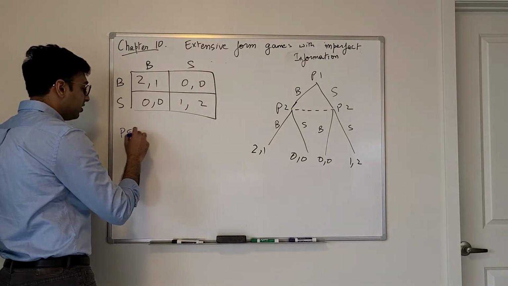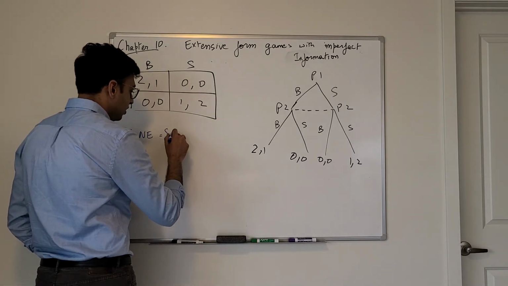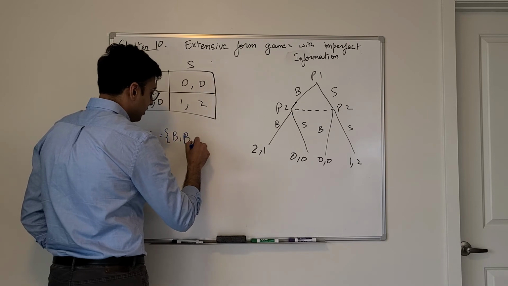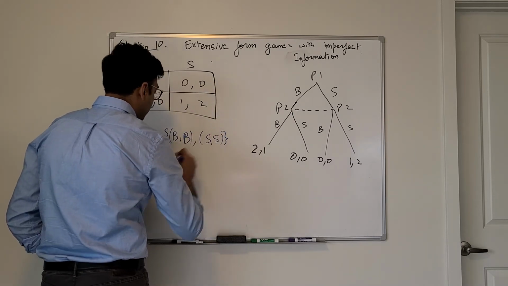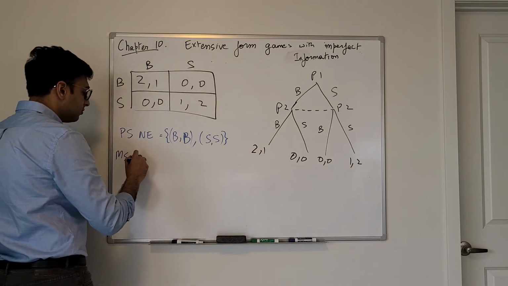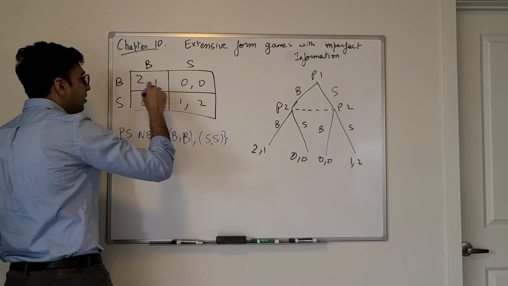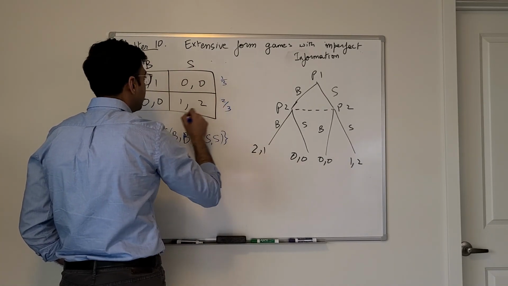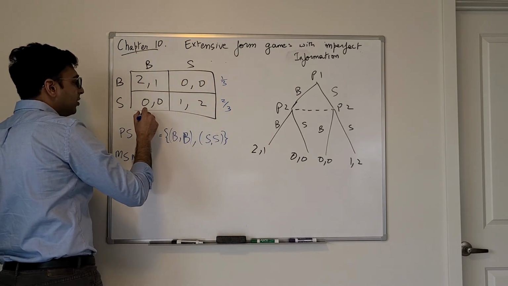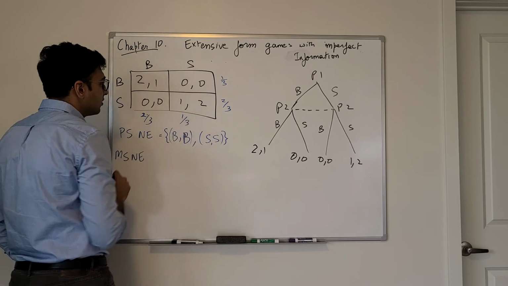The pure strategy Nash equilibria are BB and SS. And the mixed strategy Nash equilibria will be ones where player 1 plays B with a probability 1/3, S with a probability 2/3, player 2 plays B with a probability 2/3, and S with a probability 1/3.